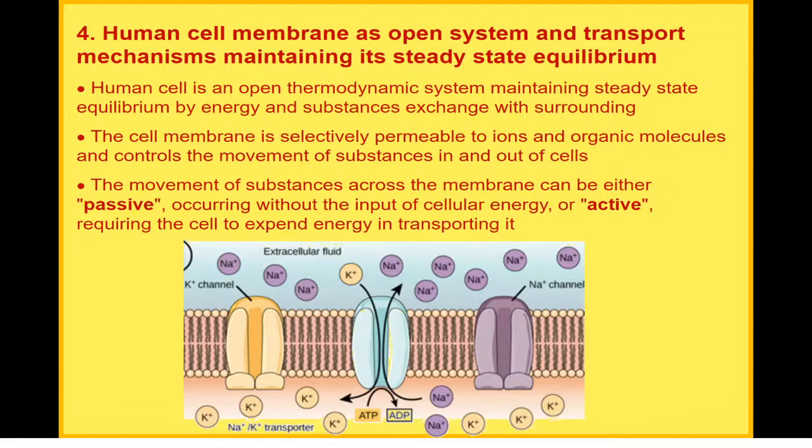And finally, for the several minutes, 10 minutes before we finish, we spend time to consider one more example of an open thermodynamic system. Any structure in the human body at any structural level may be considered as an open thermodynamic system.